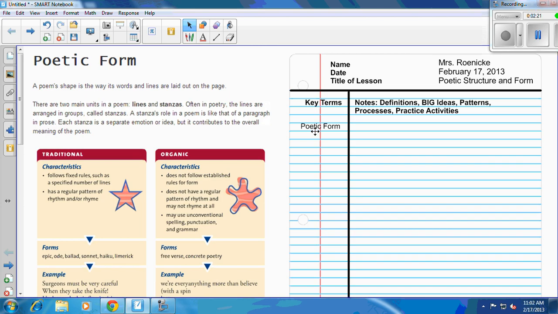A poem's shape is the way its words and lines are laid out on the page. There are 2 main units in a poem, lines and stanzas. I'm guessing that lines and stanzas are also key terms because they're bolded. So I'm going to write those down here.